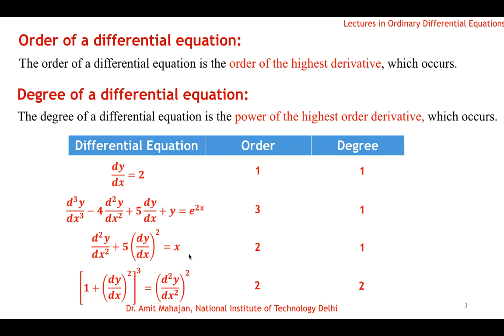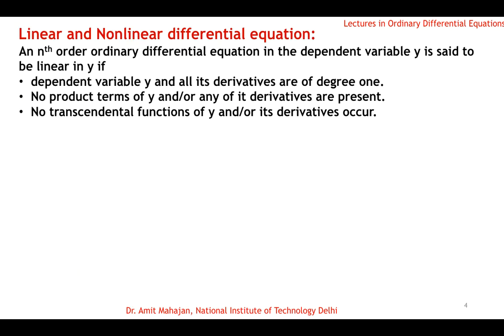The second thing is the linearity, whether the differential equation is linear or non-linear. So an nth order ordinary differential equation in dependent variable y is said to be linear in y if these three conditions are satisfied. Okay, so linearity and non-linearity depend on the dependent variable.